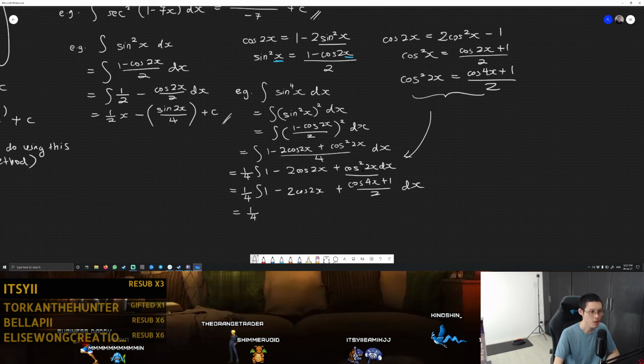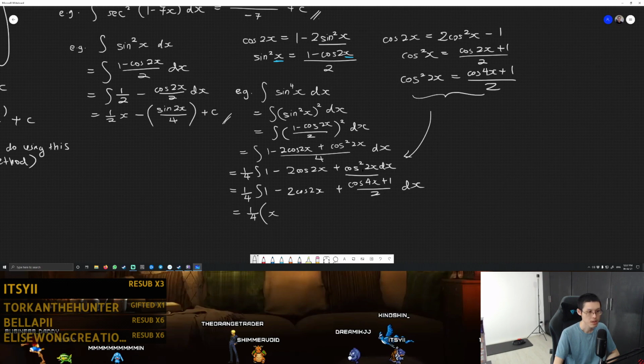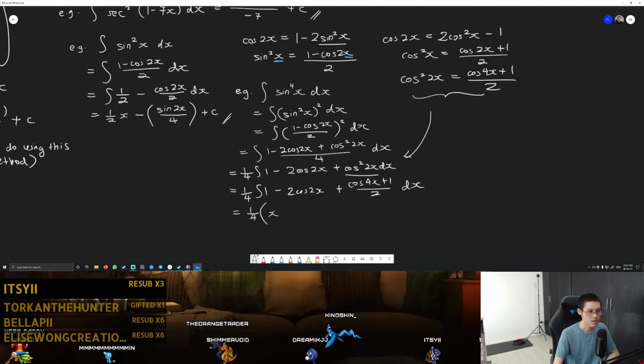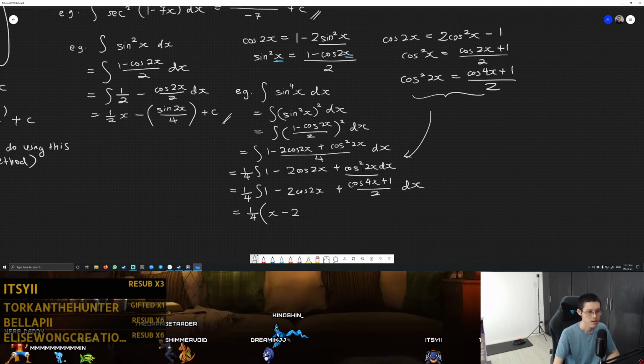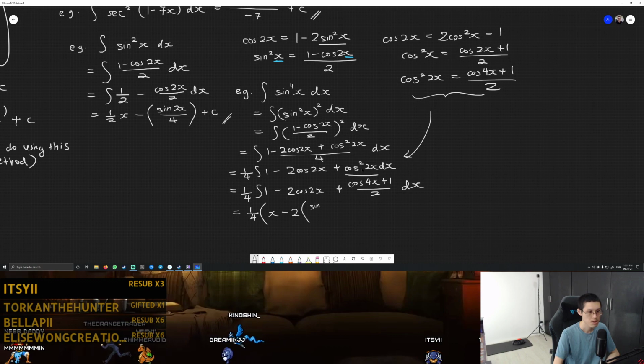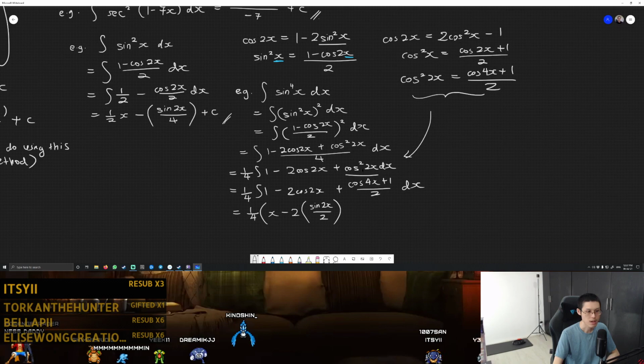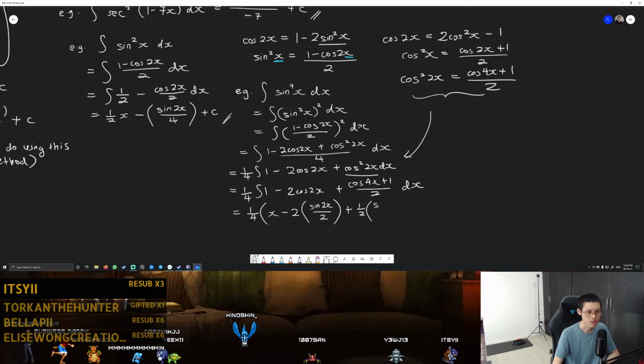Integrating 1 is going to give us x. Integrating this one here is going to give us sine 2x over 2. For this one here, imagine we take the half out before we integrate. Then we integrate cos 4x, which is going to give us sine 4x over 4.